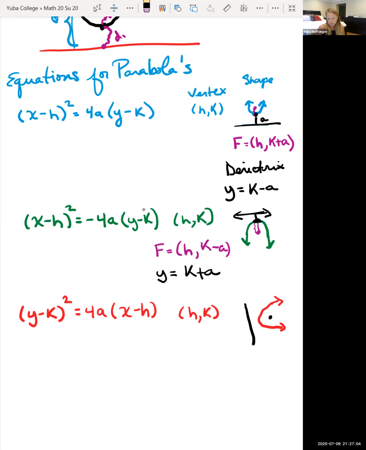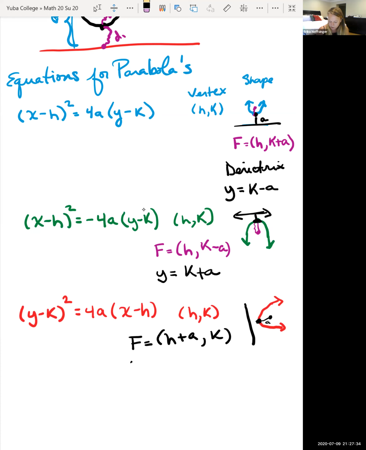So, okay, anyways, and so here, notice that our vertex, to get this point for our focus, we're just affecting our x value of our vertex. So we're just adding, and again, this is the distance of a. So we're just adding a. So our focus is equal to h plus a, but our y value stays the same, k.